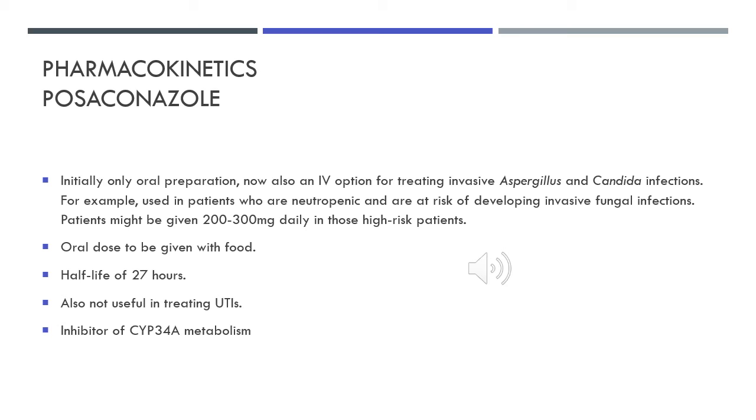But an example of utilizing the pill option would be in patients who are neutropenic, who are at risk of developing invasive fungal infections. They might be given a 200 to 300 milligram daily dose because they are at such high risk. An oral dose should be given with food. The half-life is 27 hours. Also not useful in treating UTIs, and it is an inhibitor of CYP3A4 metabolism.